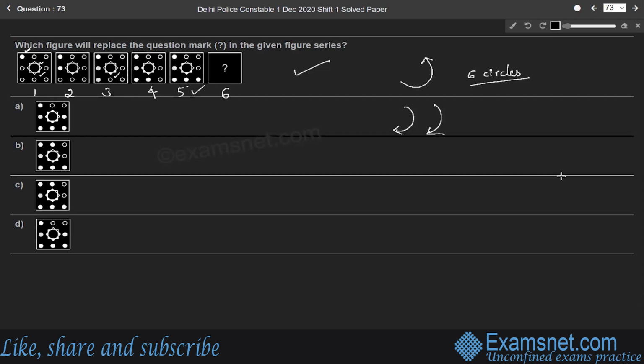Therefore, in the sixth figure, 6 portions have to be shaded in clockwise sequence. So look at option A, where 6 circles are shaded like this in anti-clockwise sequence. And look at the small portions. Yes, here 6 portions are shaded in clockwise direction. Therefore, option A is the right answer.